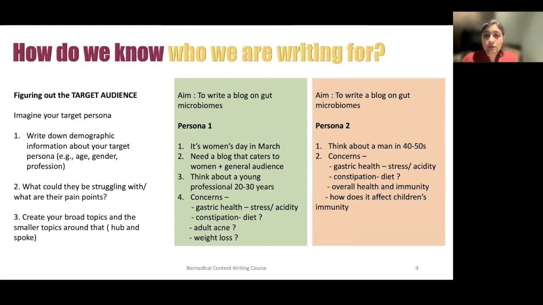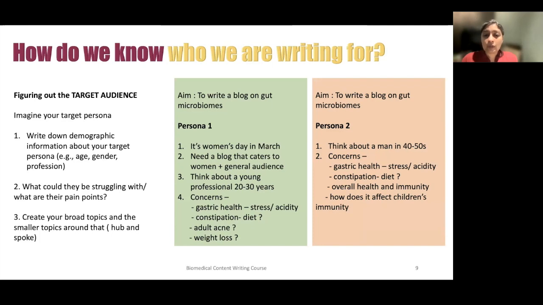The aim here is, now, when we want to write a blog on gut microbiome, right? That blog could go two ways. If we look at who we're writing for, imagine now that we're writing for a woman. It's Women's Day in March, and we need a blog that caters to women, yes, but also the general audience.